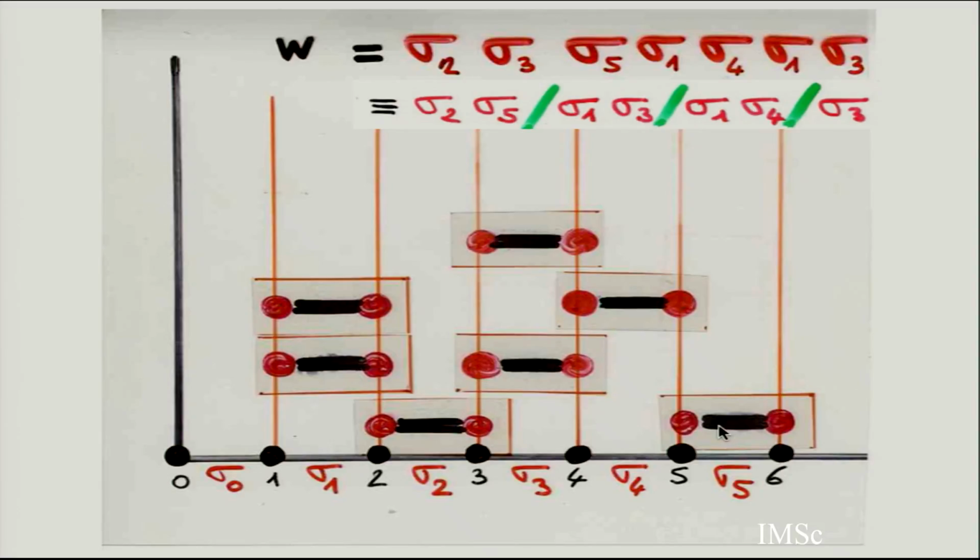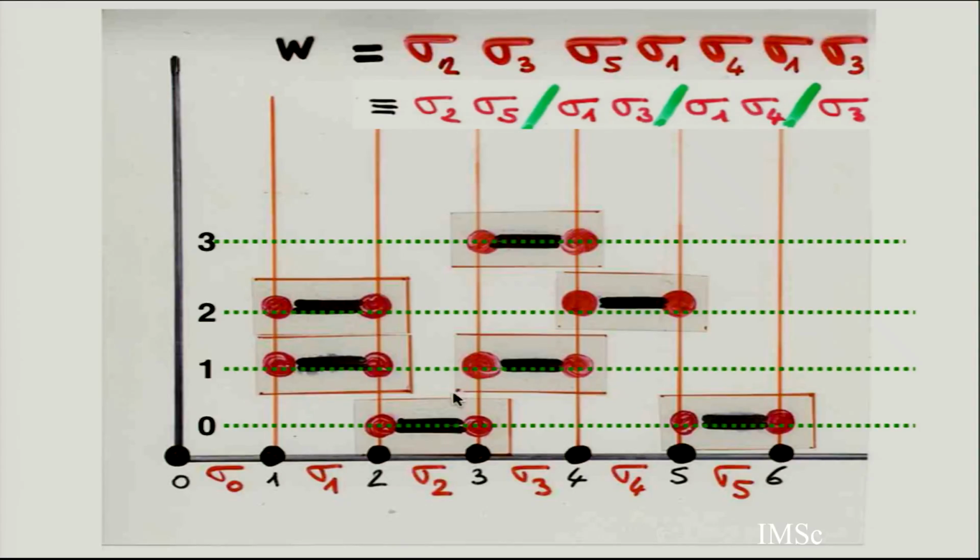And then by recurrence, the second block, sigma 1, sigma 3, will be these two dimers at the level 1, for level 0, 1, 2, 3. So each block corresponds exactly to the letter at level i. It's because the letters at level 0 are exactly the letters you can put in first position in the word W. So this lemma is obvious.